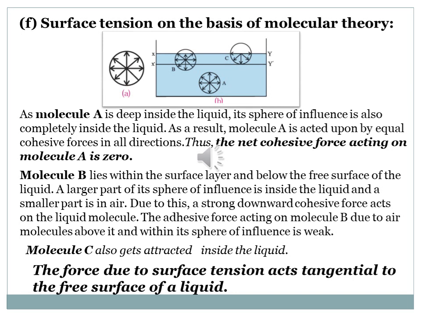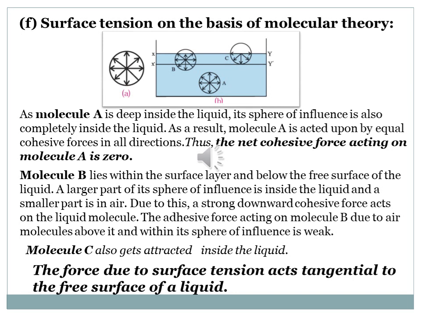So molecule A is acted upon by equal cohesive force in all directions, as the directions are given within the sphere. Then what will be the net cohesive force acting on molecule A? As the forces are equal in all directions, they cancel. So the net cohesive force acting on molecule A is 0, as it is well immersed in the liquid.